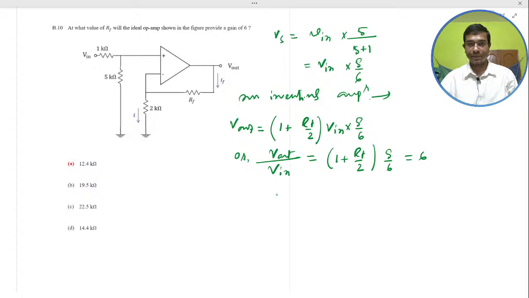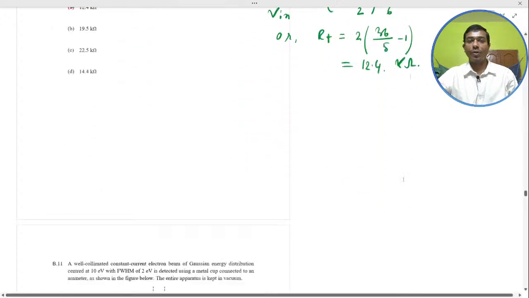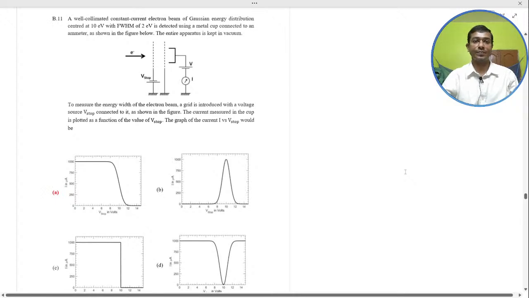This is 6, or the RF equal to twice 36 by 5 minus 1. This will become 12.4. 12.4 kilo ohm will be the correct answer. Next question.